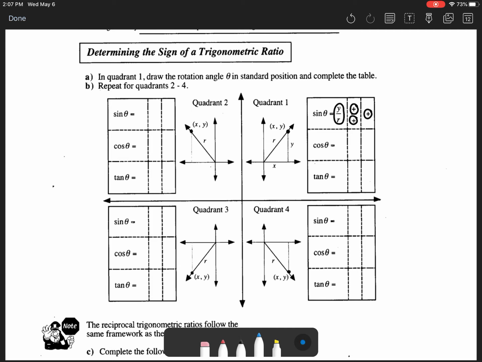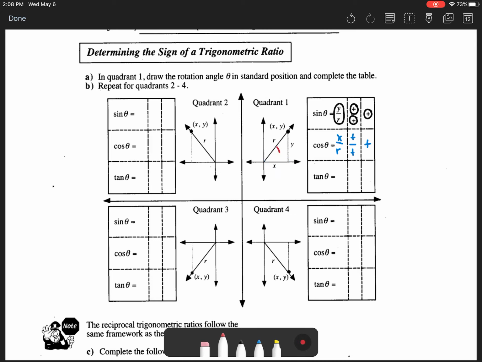When I talk about cosine, we're using the same reference angle. Cosine, though, is adjacent over hypotenuse, which is x over r. In the quadrant 1 diagram, the x dimension of this triangle would be positive, divided by the radius, which is always positive, and that will give me a positive answer.